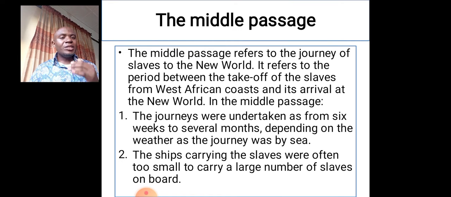Secondly, the ships carrying the slaves were often too small to carry a large number of slaves on board. So they were packed, squeezed into the ship in order to suit the number they needed.